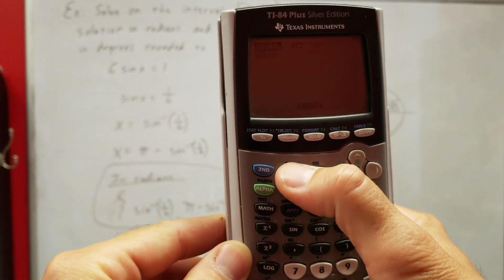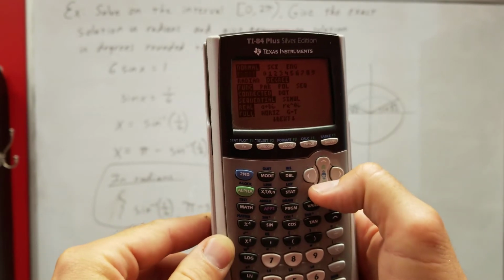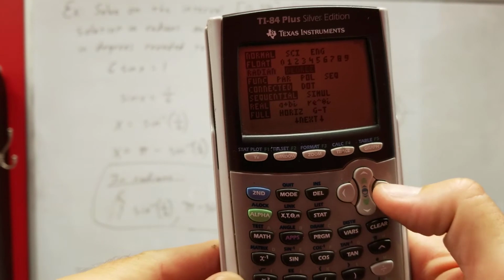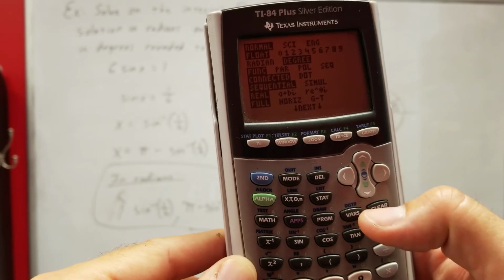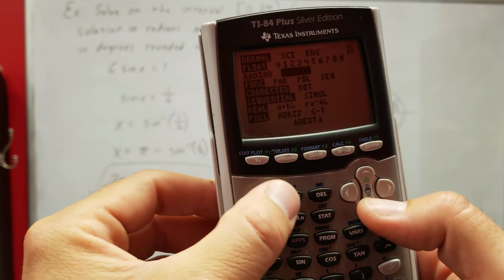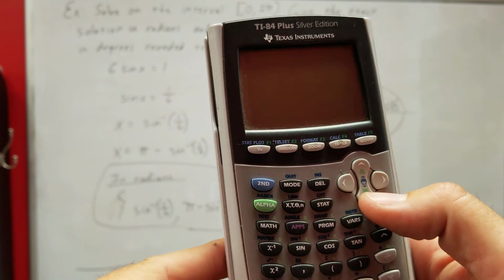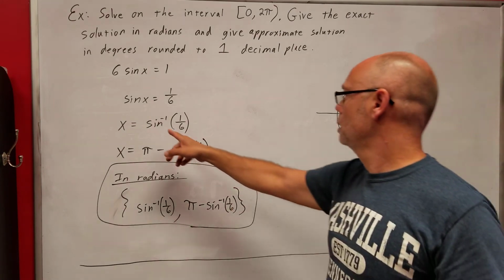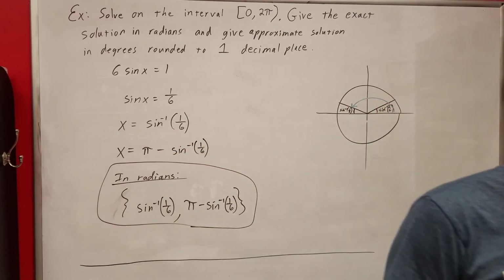So I'm going to hit mode, scroll down to degree, hit enter. Now let's get out of there. All right, so I want to enter the inverse sine of 1/6.